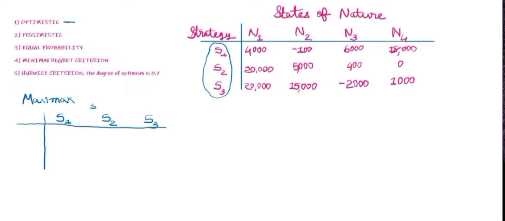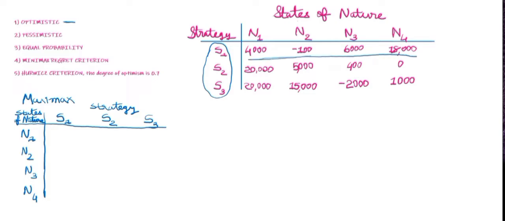Over here, you will write the strategies, which are S1, S2 and S3, and on the left side, you will write the states of nature. Because our strategies are our course of action, and for the course of action only we'll find the maximum or minimum values. That is why we have changed this table and wrote it like this.